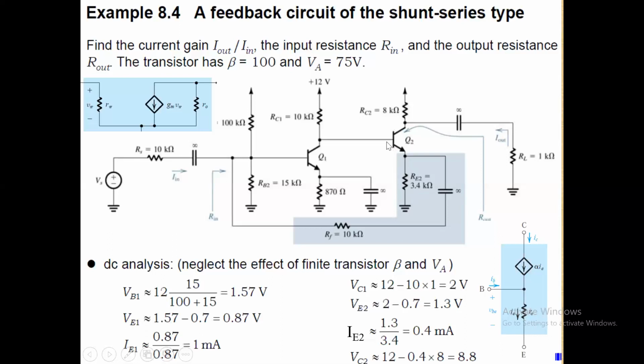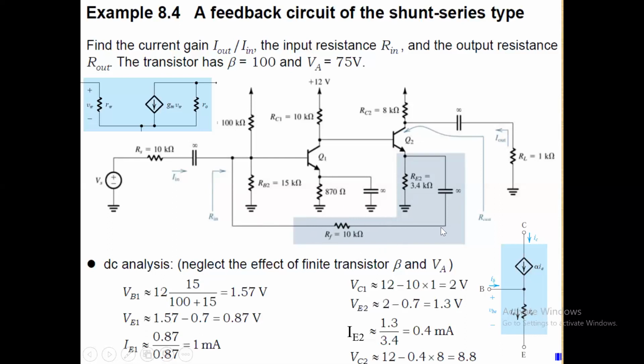So this is a common emitter amplifier with source emitter resistance, a common emitter model with the emitter resistance RE2. So now doing the DC analysis for this, this RF corresponds to the feedback resistance over here.